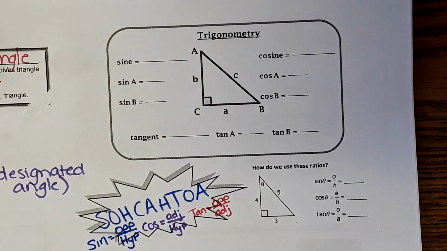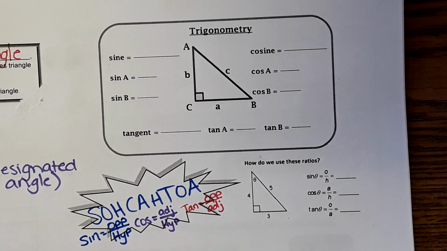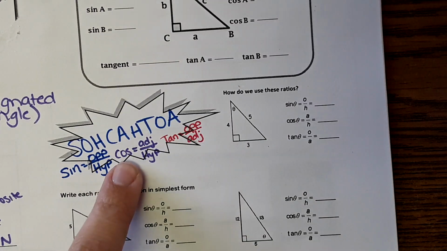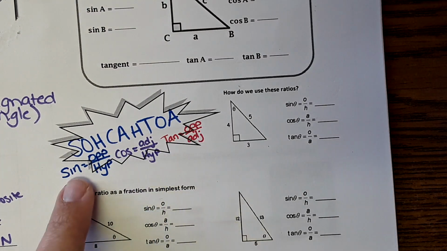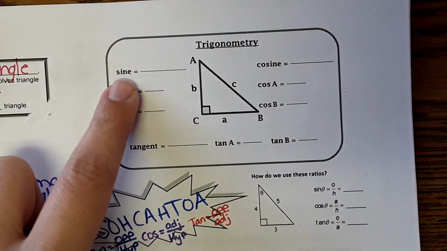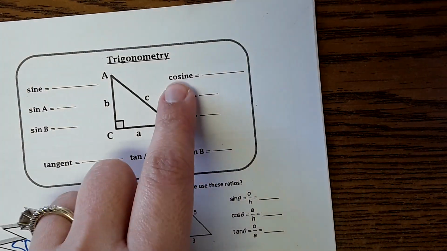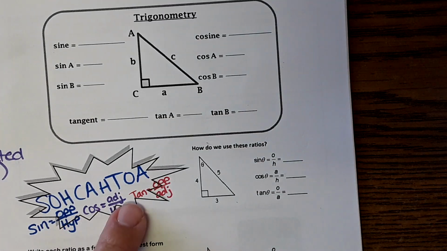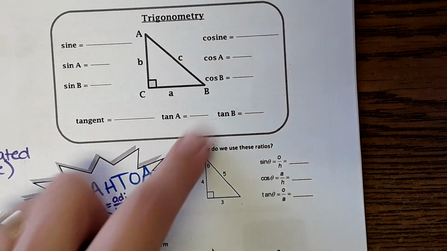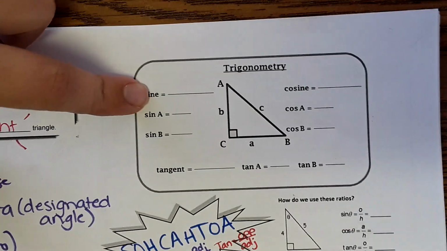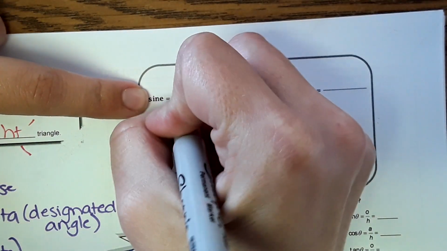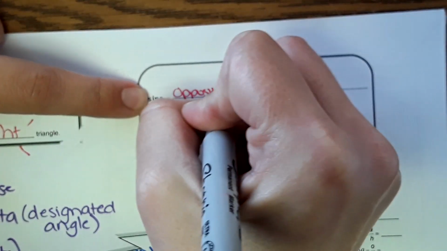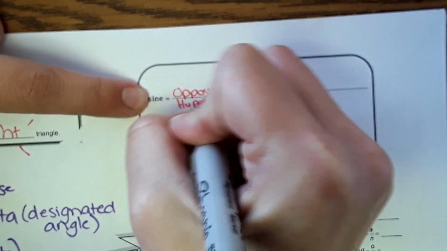Okay, so here's the trigonometry. These abbreviations, sin, cos, and tan, are abbreviations for sine, cosine, and tangent. Sine is, again, opposite over hypotenuse.